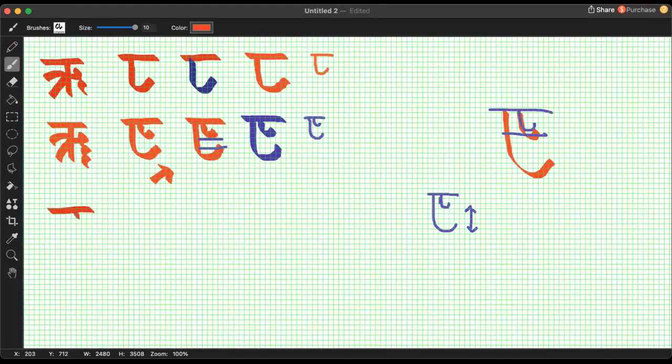I'll first write the Devanagari version. So in Sharada, first you draw a straight horizontal line. That's the first thing.